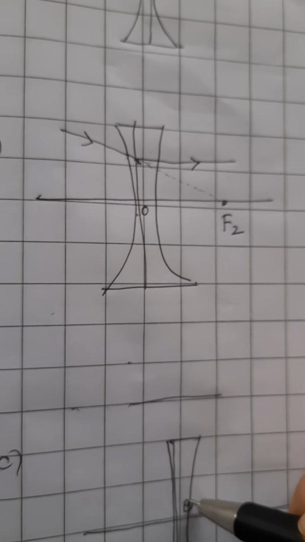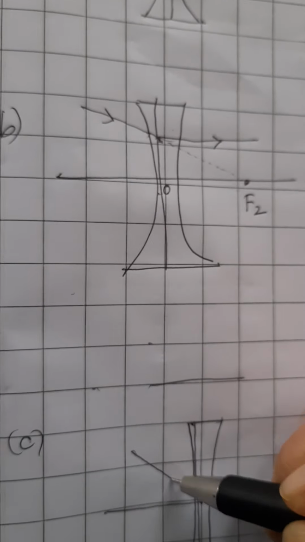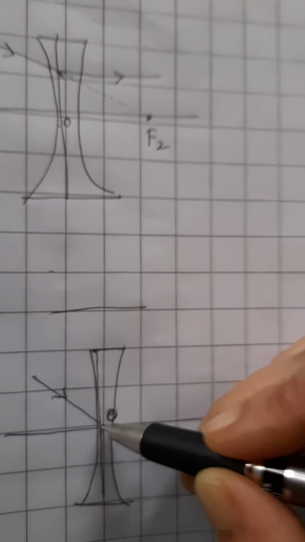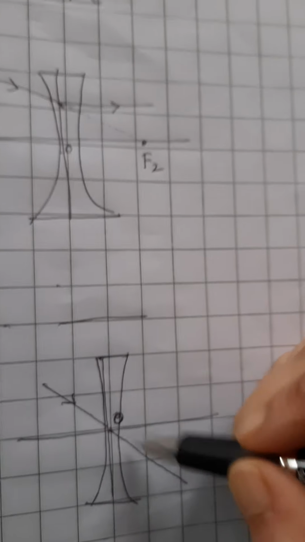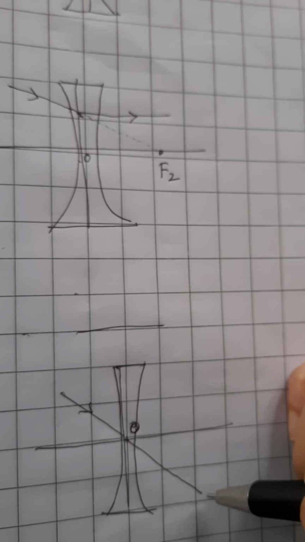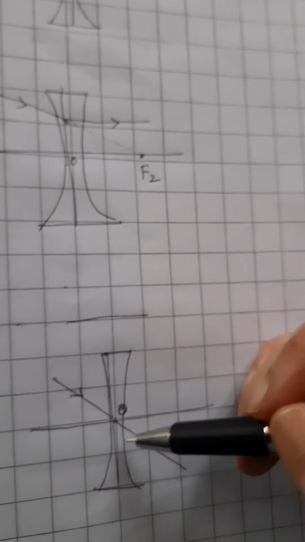And the third one is the same thing: if this is your optical center, a ray of light passing through the optical center will come out without any refraction.